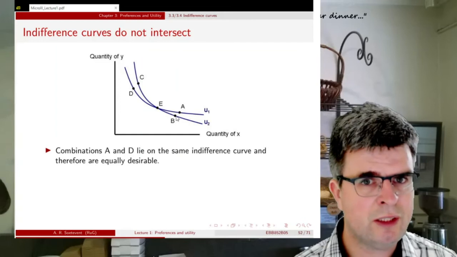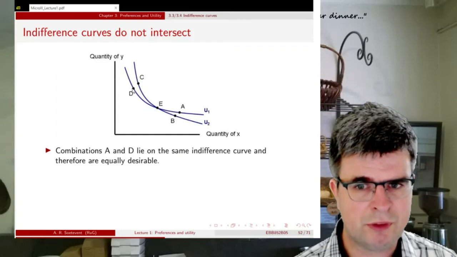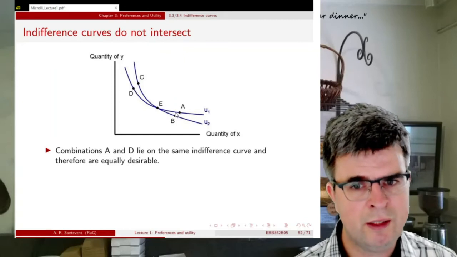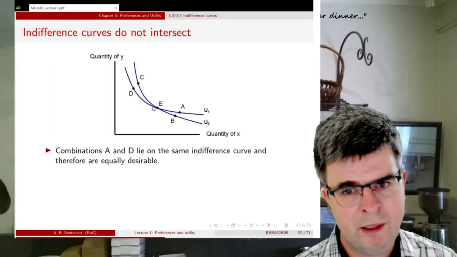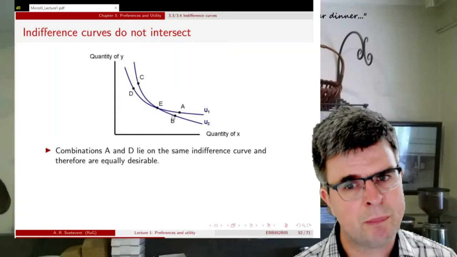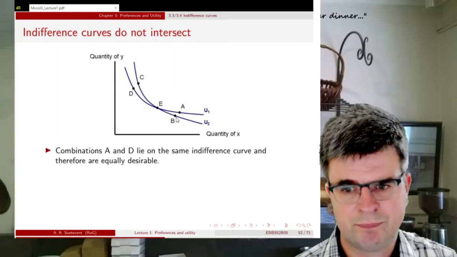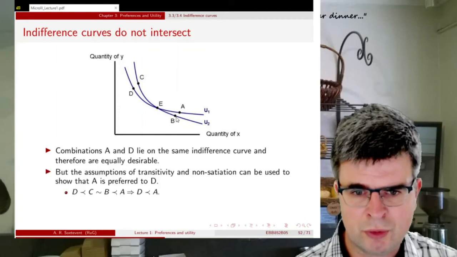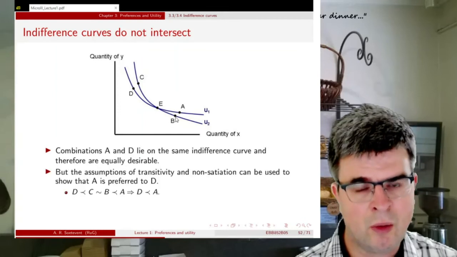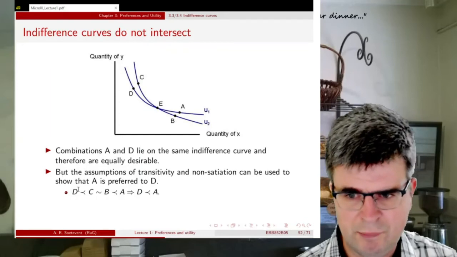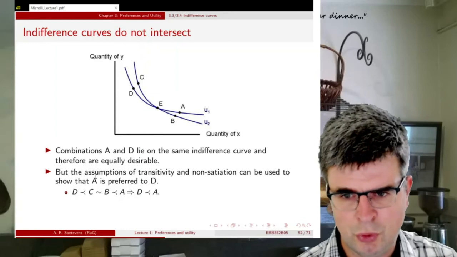And now we've reached an inconsistency, because if the person is indifferent between bundles A and D, then he cannot prefer bundle C over D and bundle A over B, because bundles B and C are also on the same indifference curve and the person is indifferent between the two. So this shows you why indifference curves cannot intersect, because once you draw them this way, you reach an inconsistency.